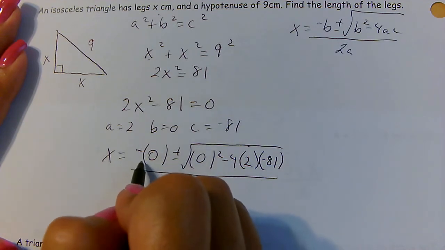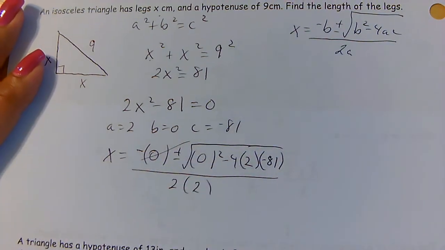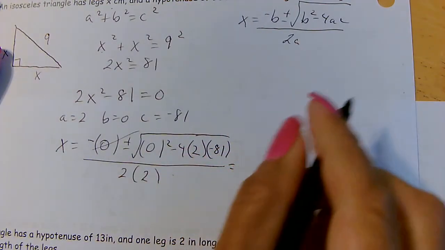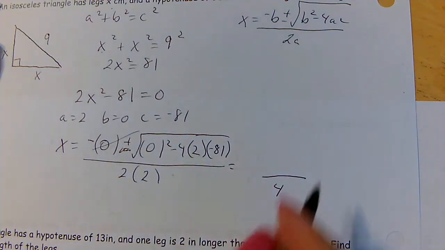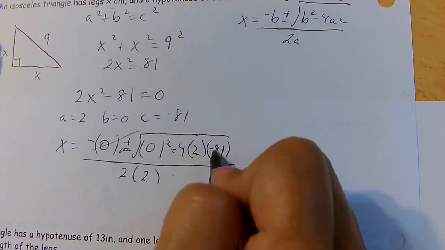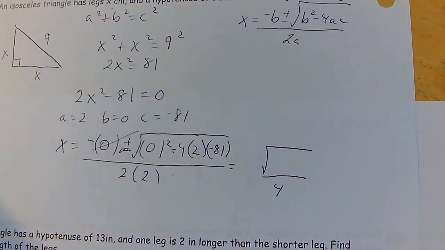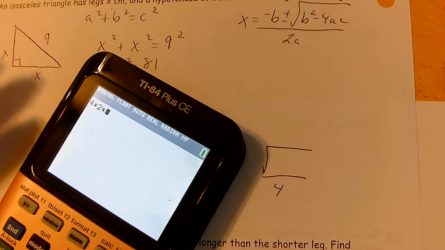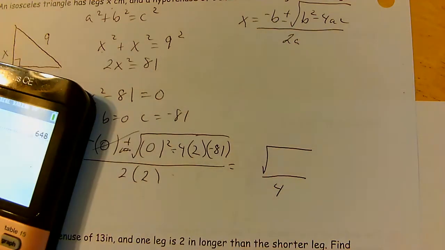So this is not there. So it's all what's under here. We don't even have the negative because it's a measurement. It will be positive. Times 81. 648.